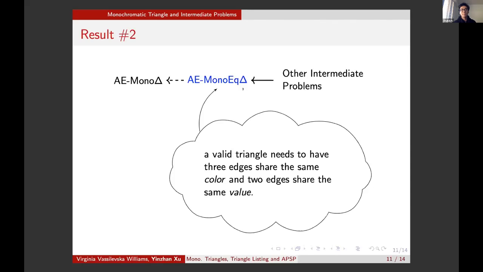Intuitively, in this problem, we are also required to answer whether each edge is in a valid triangle or not. But here, a valid triangle needs to have all three edges share the same color, but at the same time, two of the edges have to share the same value, where value is another attribute associated with each edge in the graph.